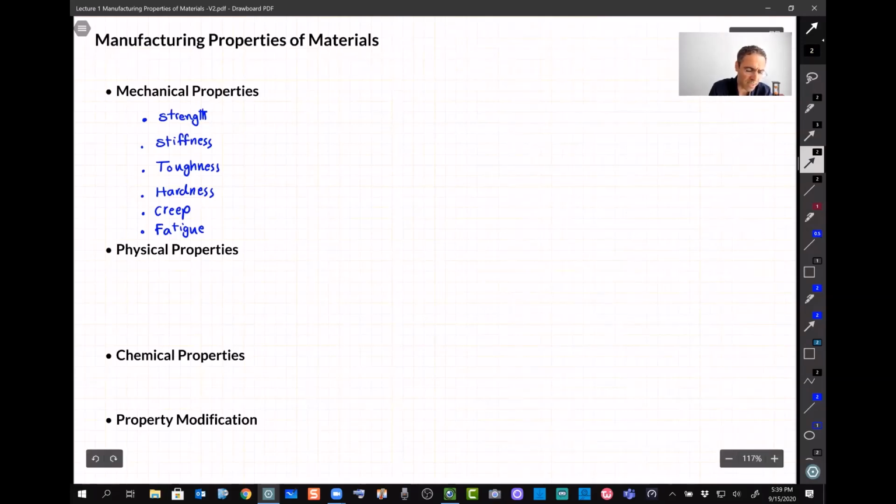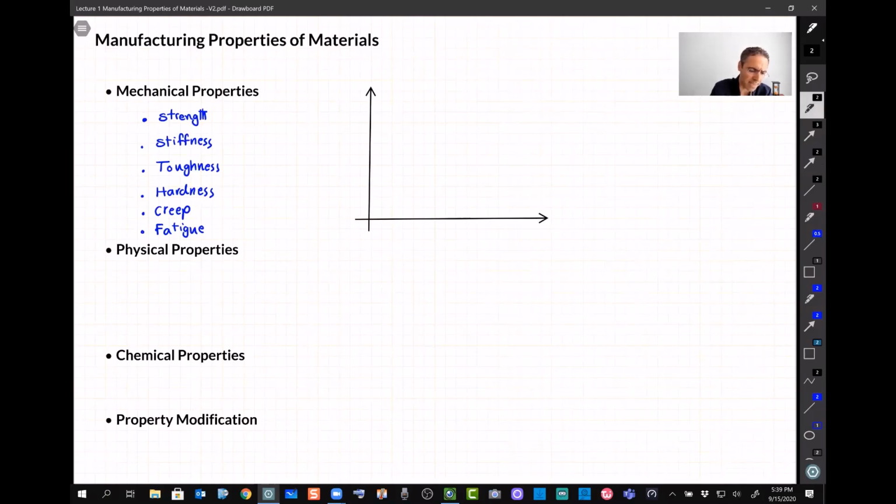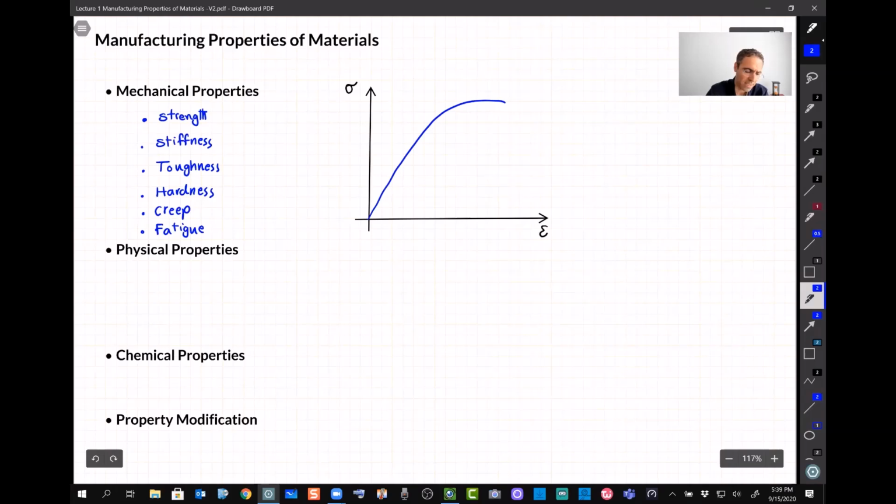When we do a tensile test, we get a graph of stress and strain. So if this is stress, and this is strain, and we do a tensile test, we get a graph which looks more or less like that. It has a linear part, which we call the elastic part.